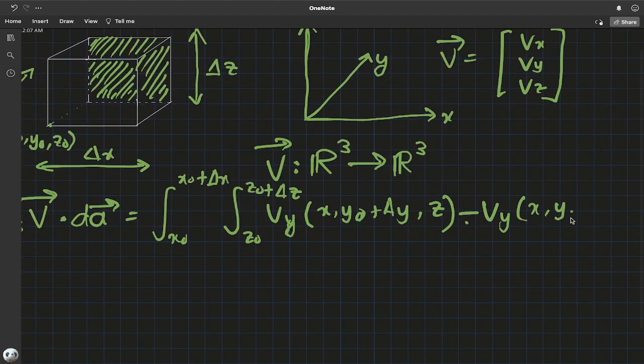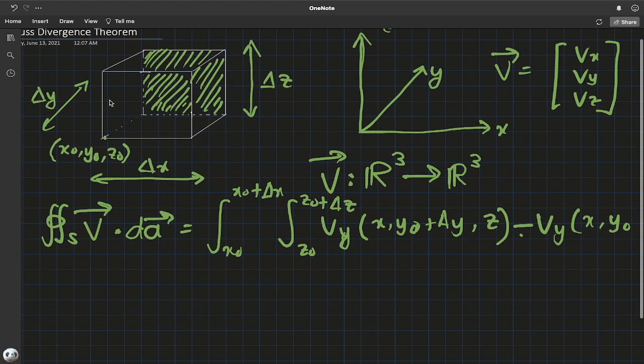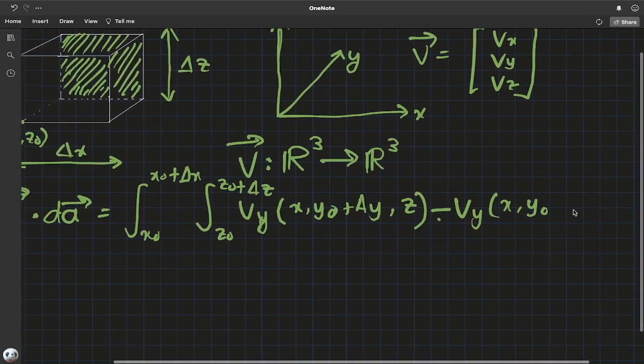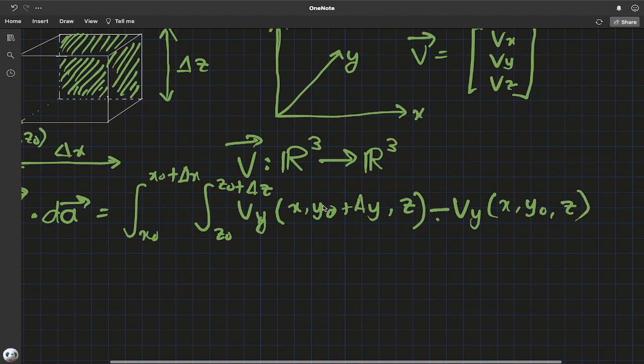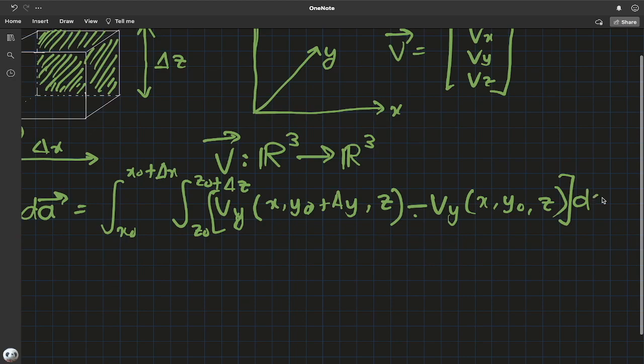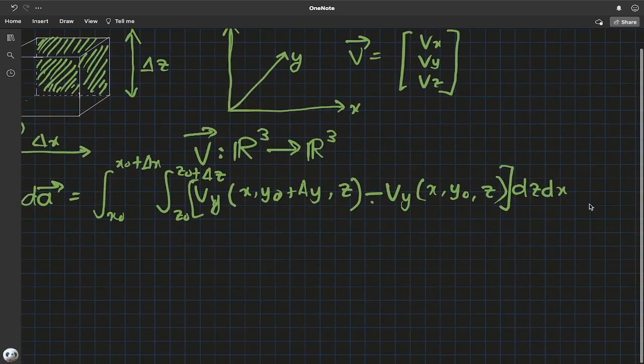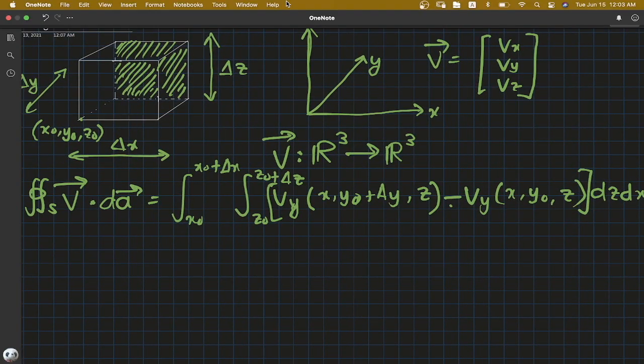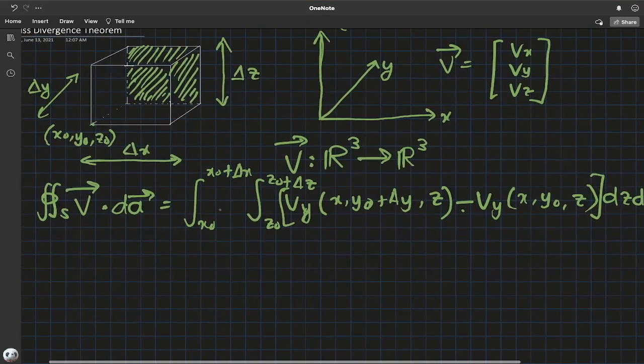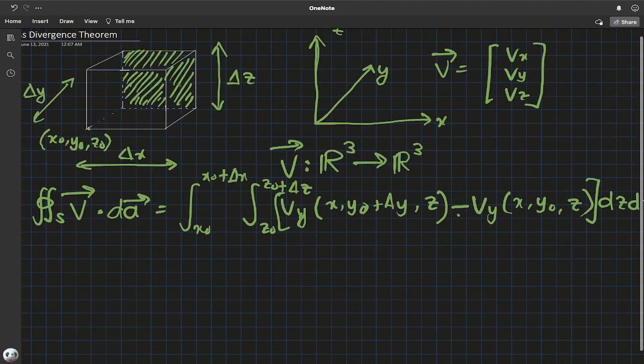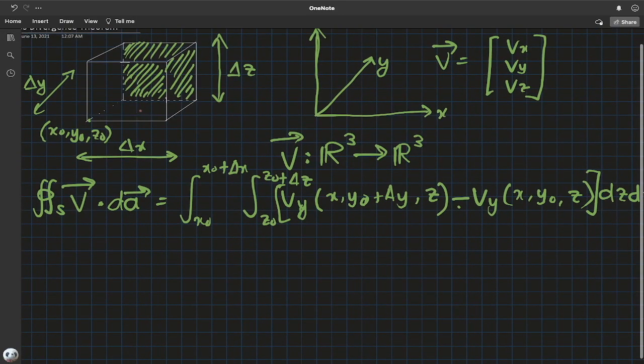This time we have y0, because the y0 value is fixed on this face, at x and z, and as I suggested before, the integration is dz dx. Okay, so this was for these faces, the one in green and the one opposite to that.